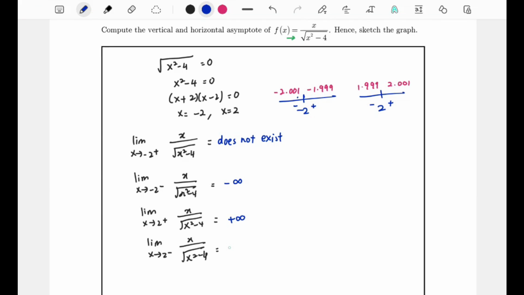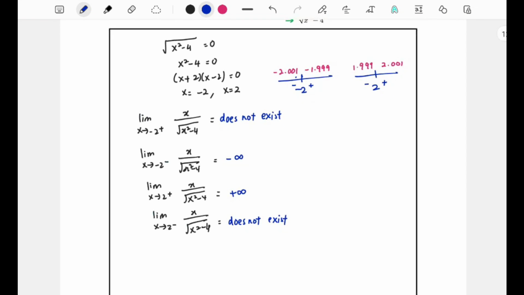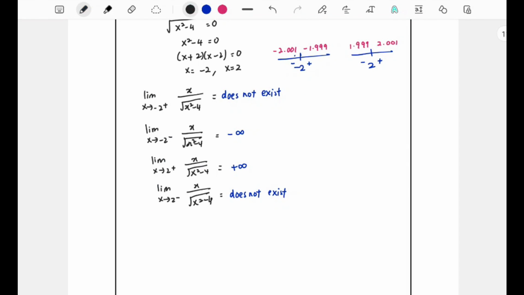And 2 from the left, you're going to get does not exist as well. Which means there will be no graph from negative 2 from the right and 2 from the left. Okay, we can conclude that x equals negative 2 and x equals 2 are vertical asymptotes.